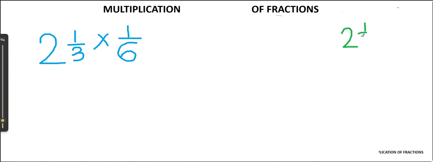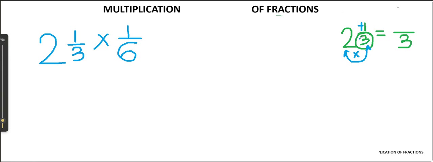2 1/3. Converting that to an improper fraction, the denominator always remains the same. We are going to find out the numerator now. How shall we do that? 2 times 3. Whatever is the answer, we shall add that to the numerator.